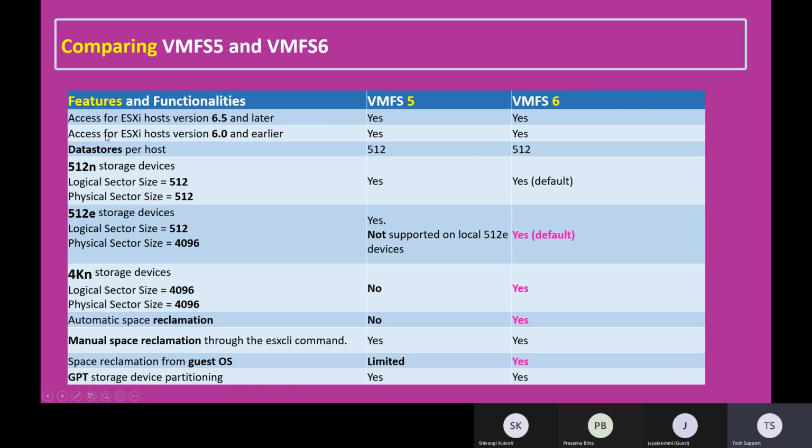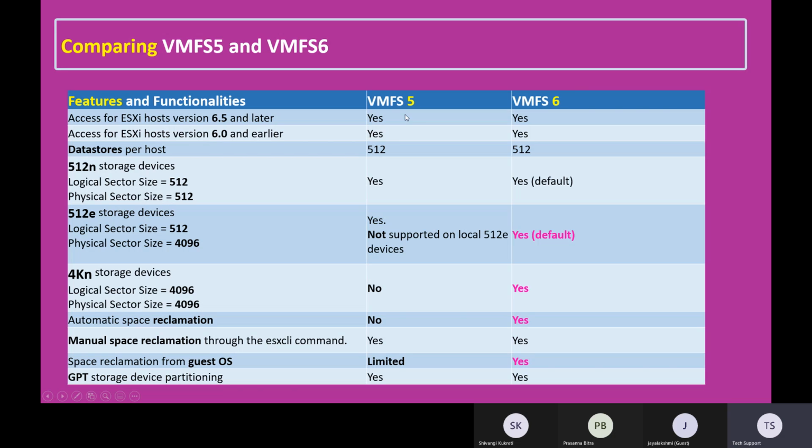Both are supported. Suppose accessing for ESXi host version 6.0 and earlier, meaning before 6.0, we have the 5 series versions, 5, 5.1 and 5.5. But most of the companies have already migrated to 6. But in your environment, in certain situations, if you have a 5 series version, in that scenario we recommend configuring only VMFS 5, because VMFS 6 usually won't support it, though in our KB articles some articles refer to no, but some refer to yes.